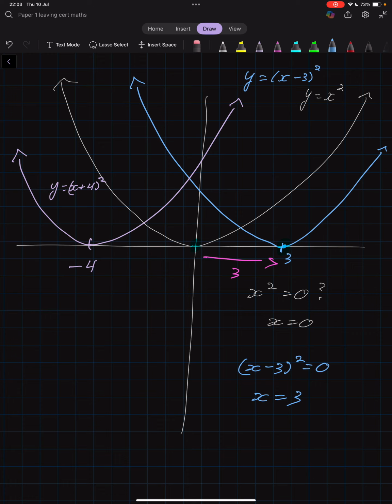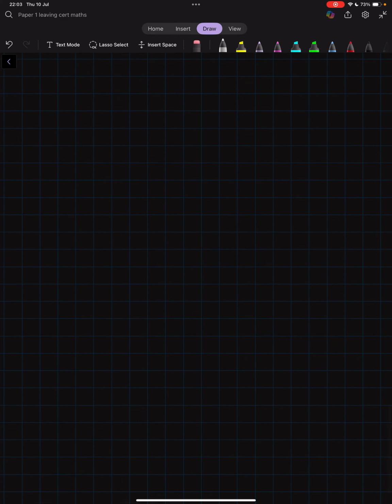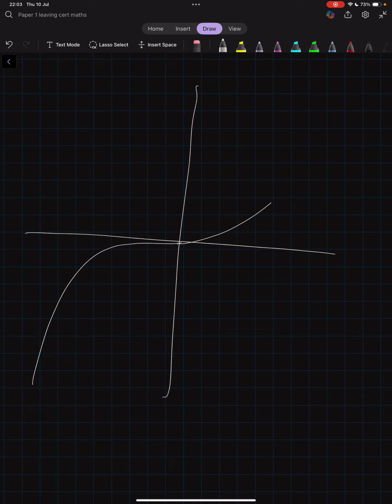And that is kind of it, because all those rules will still apply to something like a cubic. Okay, so if you have a cubic, so y equals x cubed, it'll look like this. Again, if you multiply it by 2, it'll just get a bit steeper.